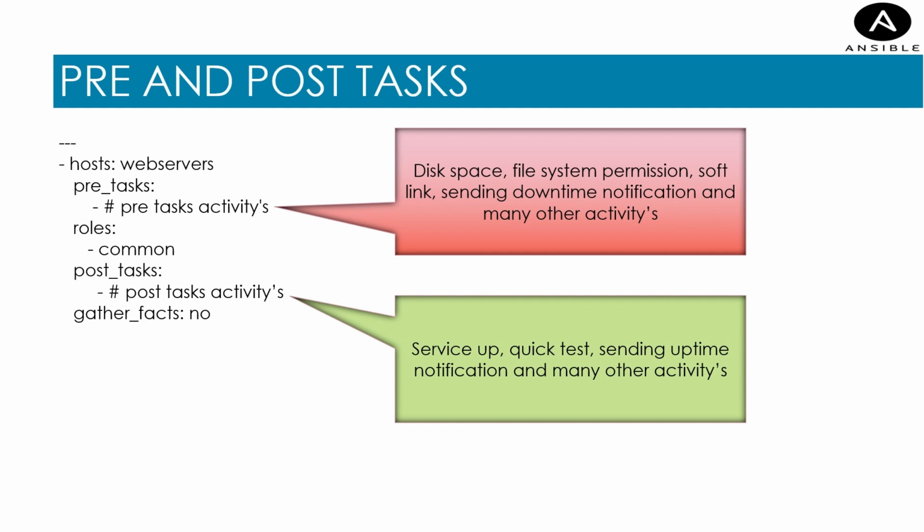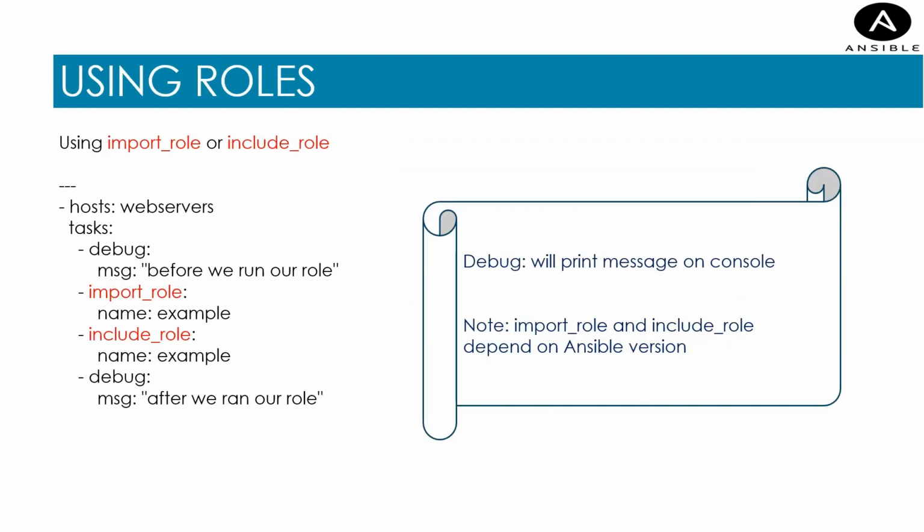Then we can include roles, like, hey, can you go and install this software. And then post task activity like service up, quick test, sending uptime notifications, and many other activities like that, we can include in a post task. So that's all about the pre-task and post-task in between role.